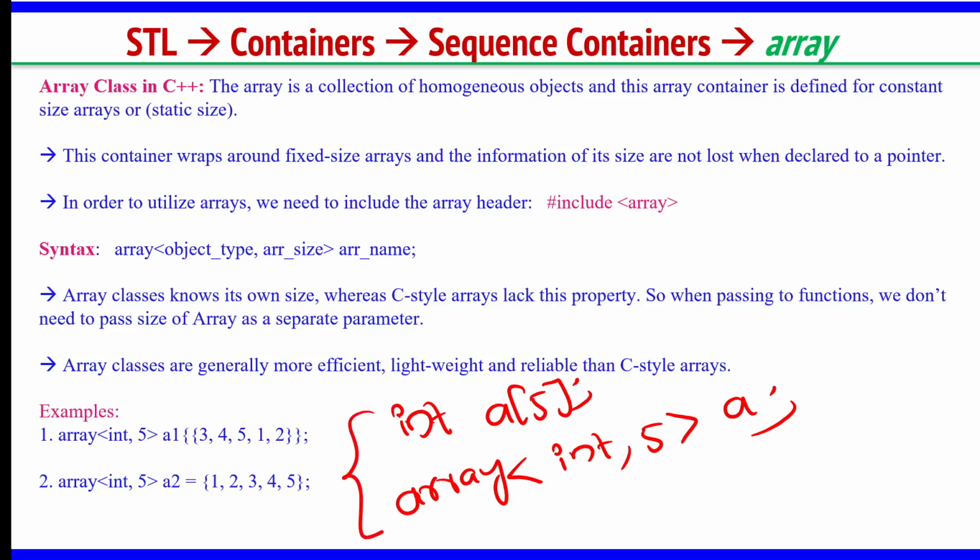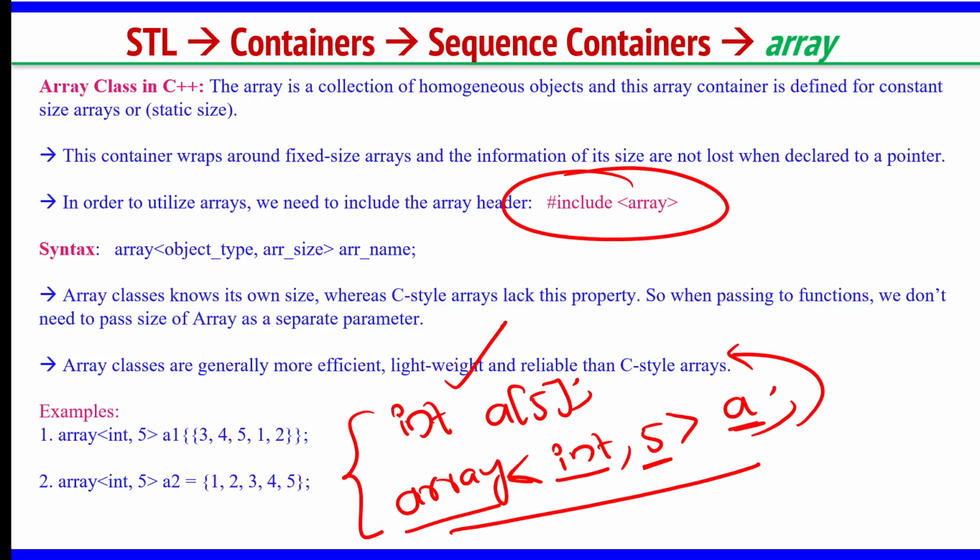These both statements are the same. This is the normal declaration, and this is the STL, standard template library, declaration. The keyword array, then the less than and greater than symbols, in which you write the data type, the number of elements, and a variable name. But for this you have to include the header file, #include array.